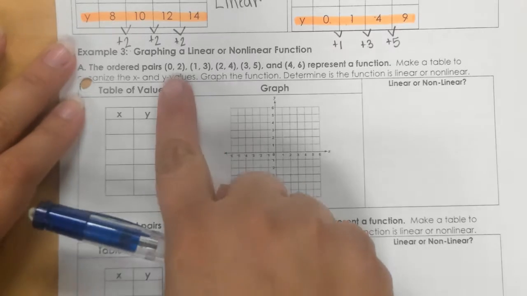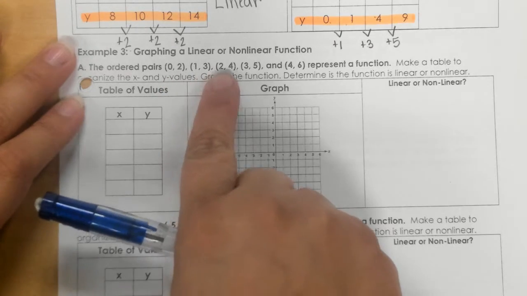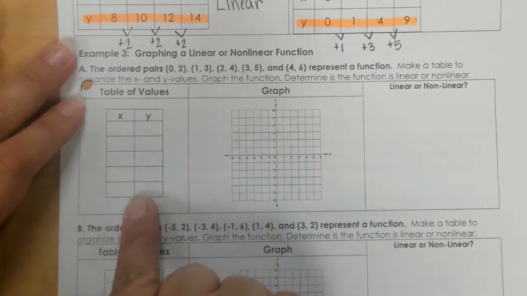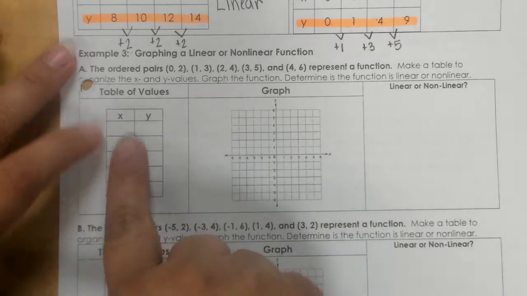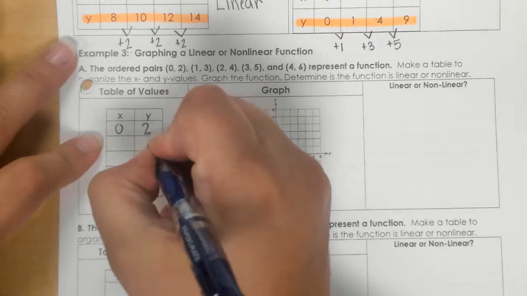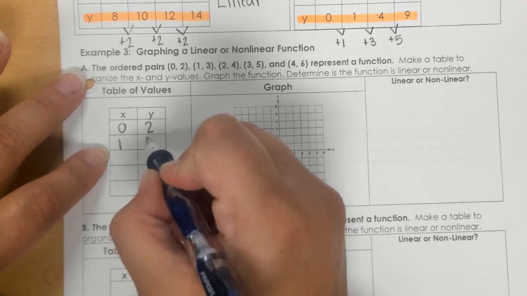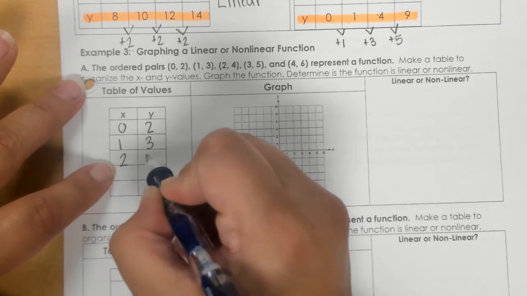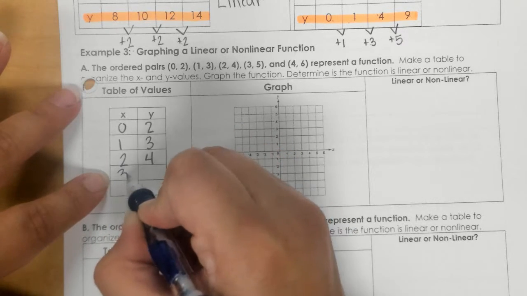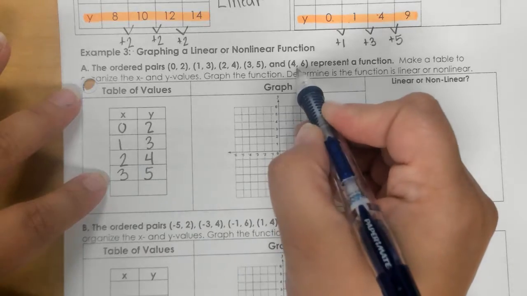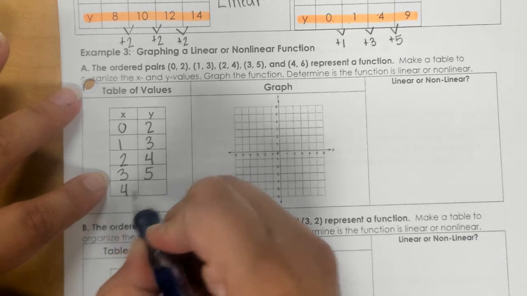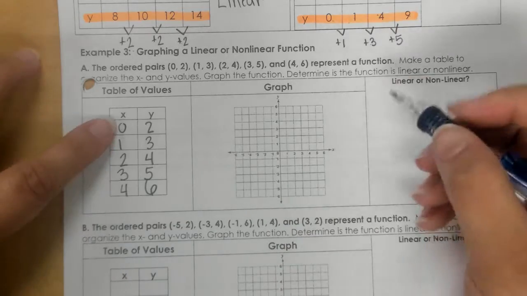Okay. For example 3, you are just taking these ordered pairs right here and rewriting them in here. So 0, 2, 1, 3, 2, 4, 3, 5, and then lastly, I bring down 4, 6. And then I'm just graphing those.